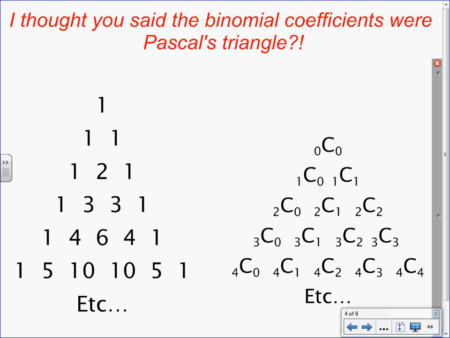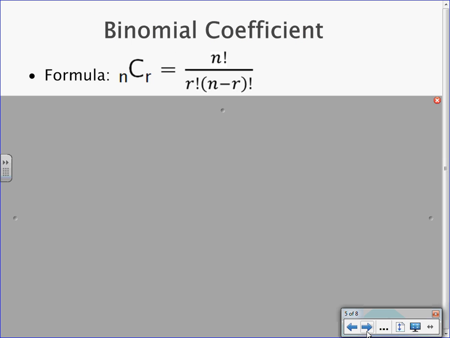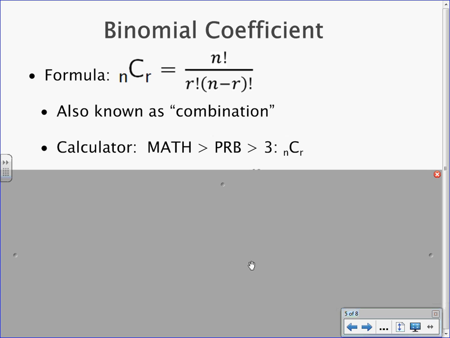Okay? All right. So this is how we find a combination. You have a nice little way in your calculator, don't you?